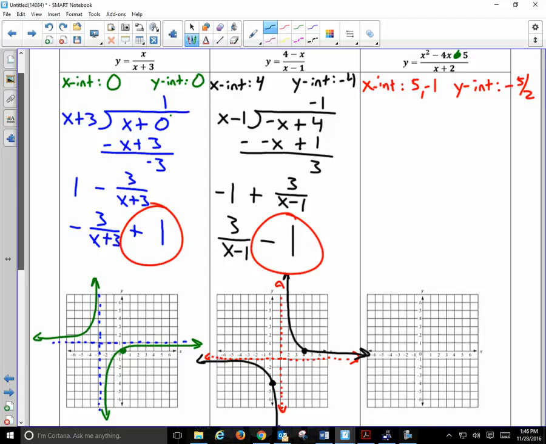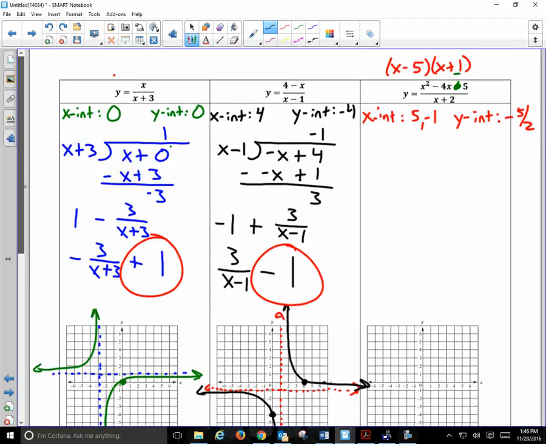I switched this to a -5, so it would factor. So as you plug in 0, you get -5, and 0 here, you get +2. Okay, if you plug in 0, 0 minus 5 is -5. 0 plus 1 is 1. 1 times -5 is -5.